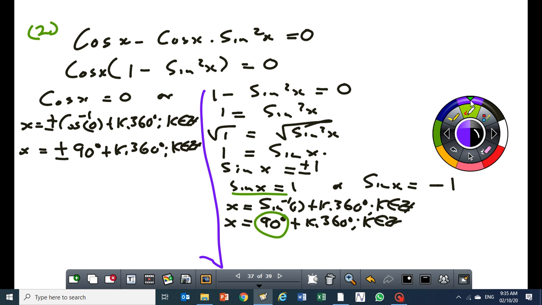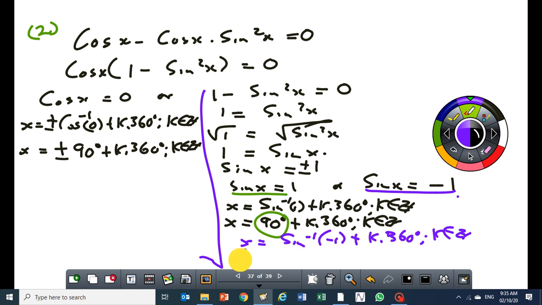Then let's deal with that. I'm going to use the blue now. For this one, I am going to say x equal to shift sine of minus 1 plus k times 360, where k is an element of z. What is shift sine of minus 1? Minus 90.